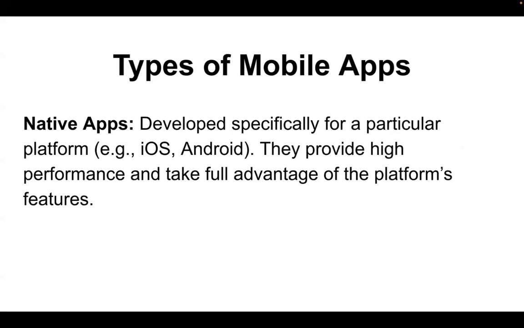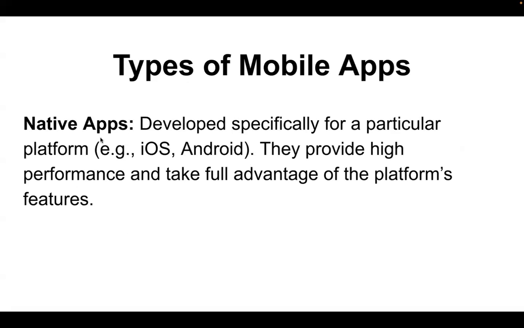We have three types. The first one is native apps. What is the meaning of native apps? They are purely implemented for specific devices. For example, for Android we use Kotlin and for iOS we use the Swift programming language. So these are all native applications.